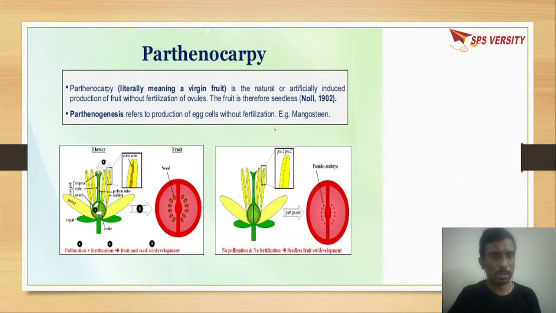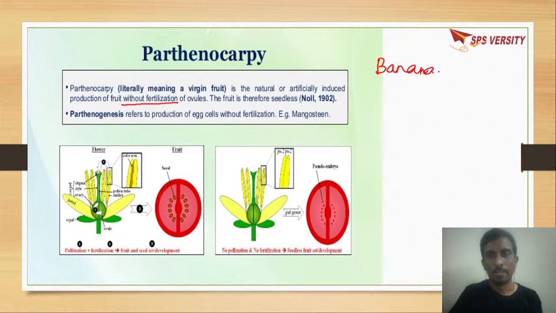And in fruits, there is a concept called parthenocarpy. Parthenocarpy means formation of fruits without fertilization. We can see this in some plants like banana, in some grapes and oranges. The best example for parthenocarpy is banana.